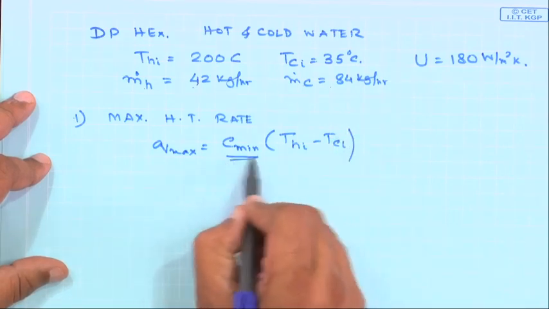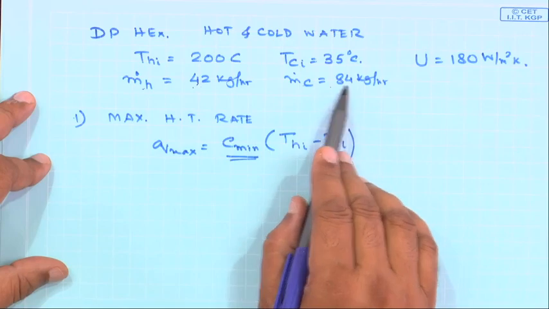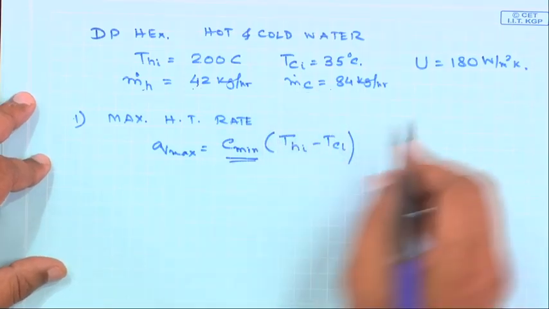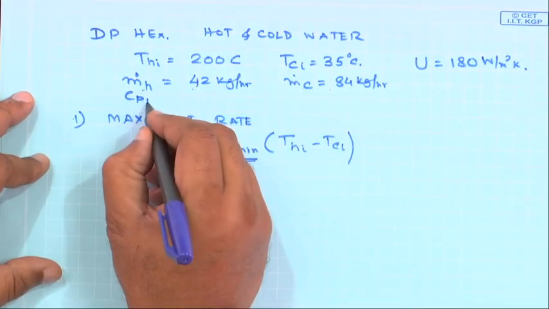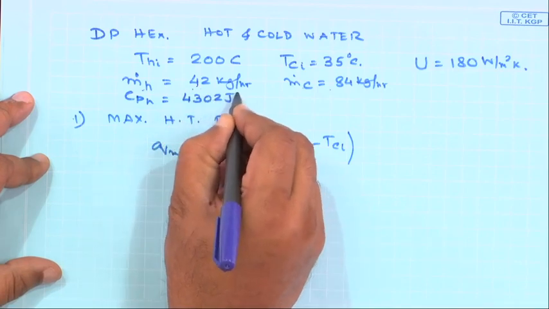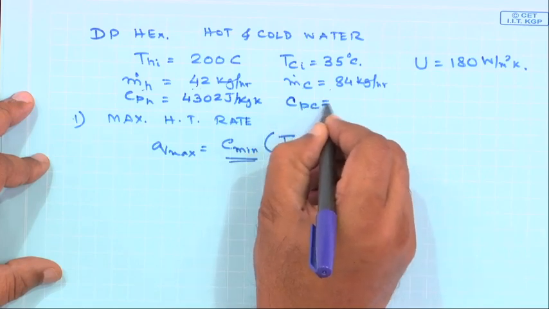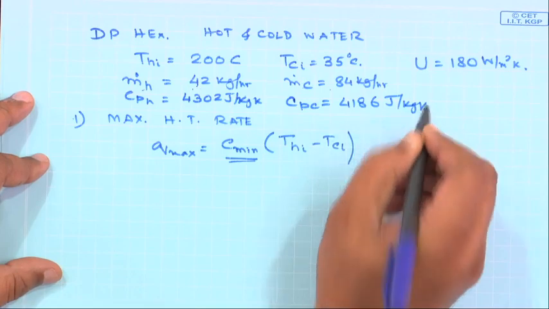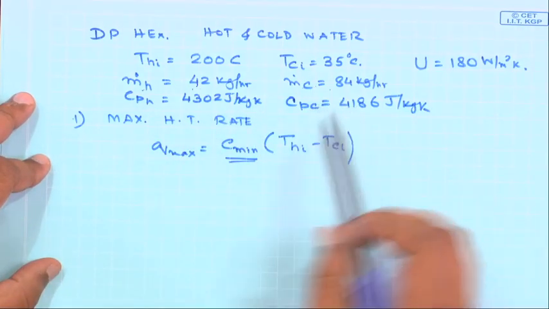This C minimum must be equal to m dot H times Cp, since its flow rate is half of that, and the value of Cp is roughly the same. In fact, Cp for the hot fluid is 4302 joule per kg Kelvin, and Cp for the cold fluid is 4186 joule per kg Kelvin. So, the product for the hot fluid is definitely less than that for the cold fluid.